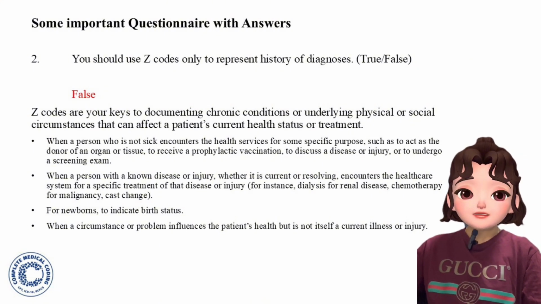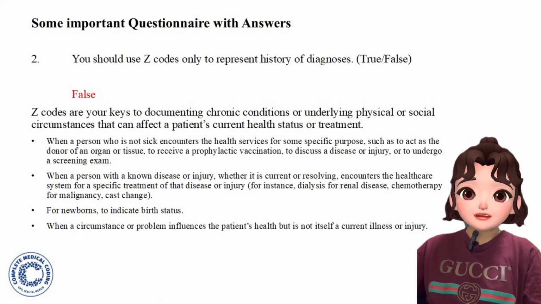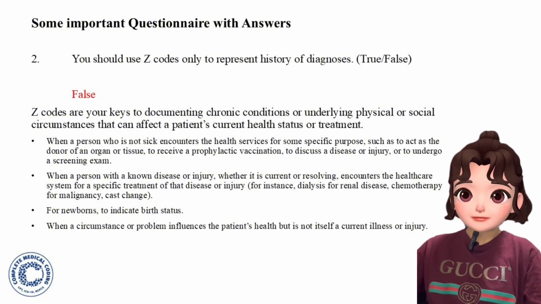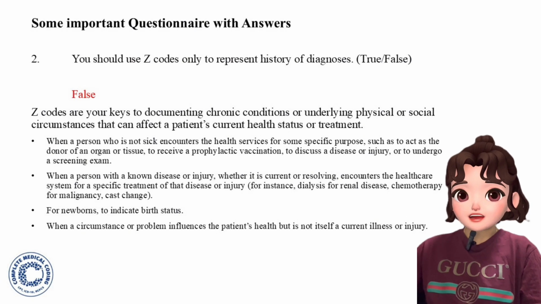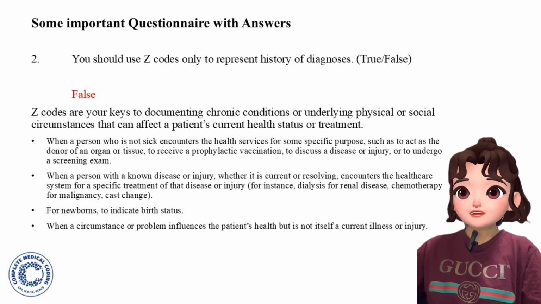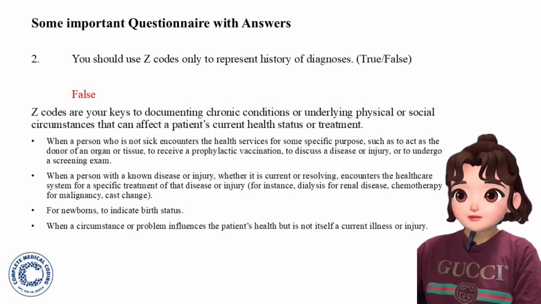This is what I had already mentioned in the second slide, the risk factors, where you used to put Z code. So not only to present the history of diagnosis, but also to mention the patient's underlying condition, underlying physical or social circumstances that affect the patient's current health condition. In that case, you will use Z code.